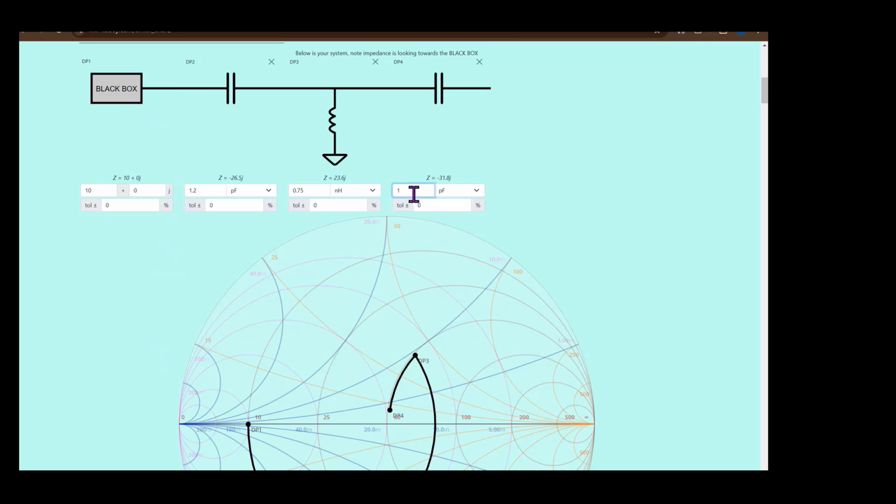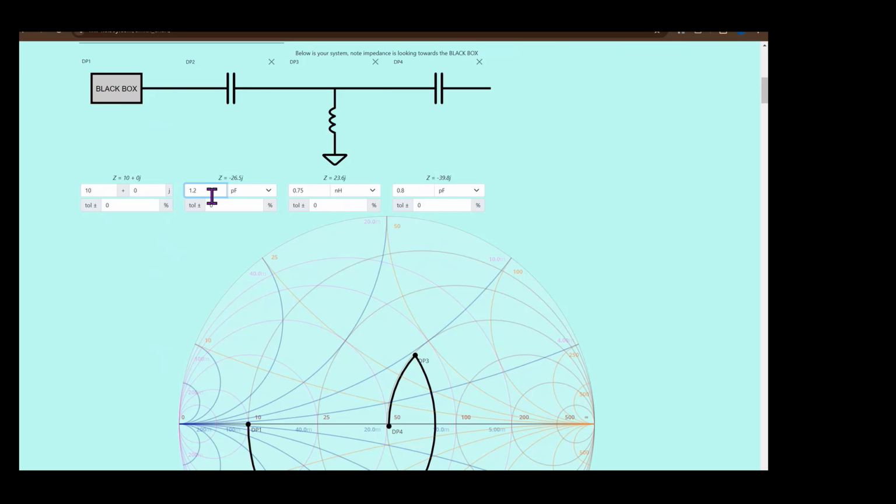Is the tolerance needed to have a good match or to find the quality factor? So, are you talking about the tolerance number? Yeah. The tolerance just adds uncertainty because when I make a real circuit, I could probably find every one of these components in a kit of inductors and capacitors. I know I can find 1.2 picofarad.